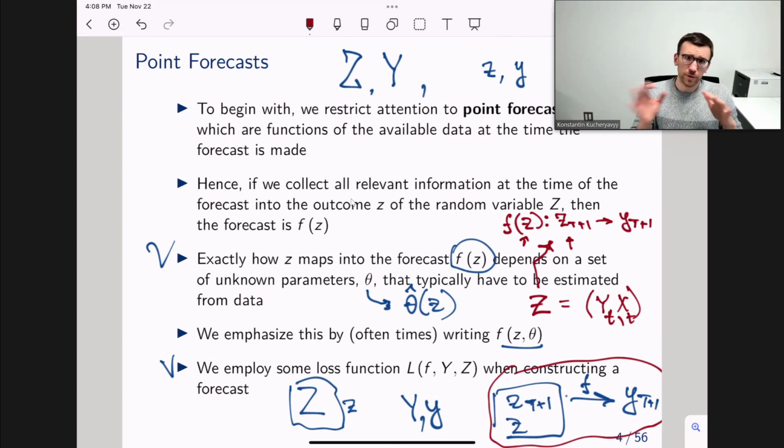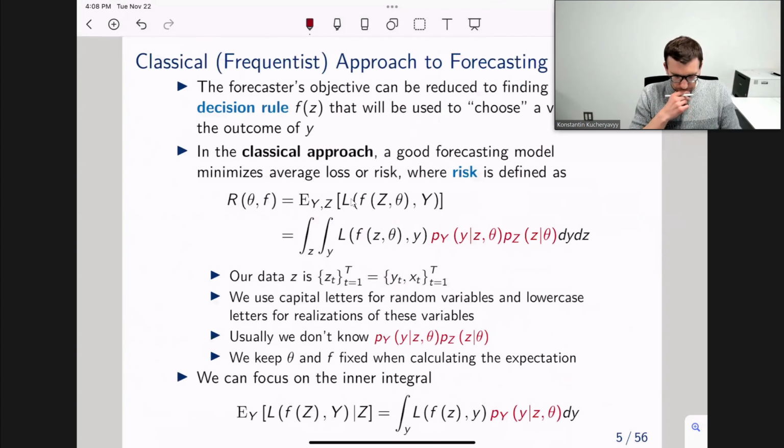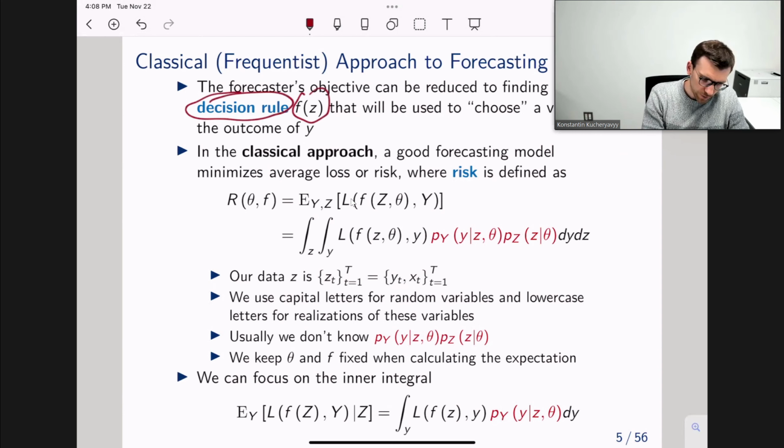So we can interpret what we are doing either in terms of actions or in terms of outcomes. I'm saying this because the action interpretation often occurs in this literature, so you might see it later. So that's why sometimes F(Z) is called a decision rule.